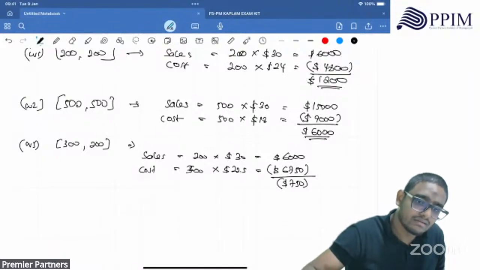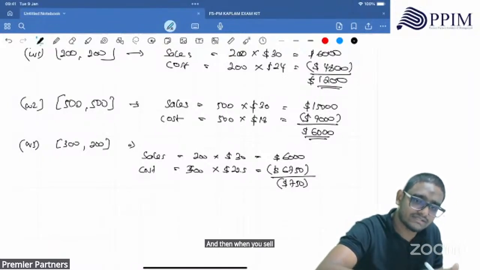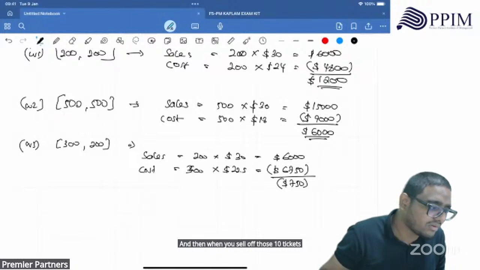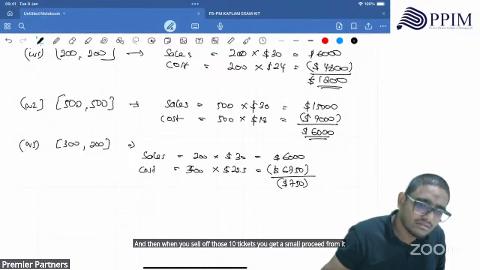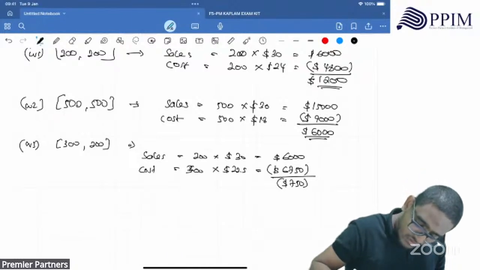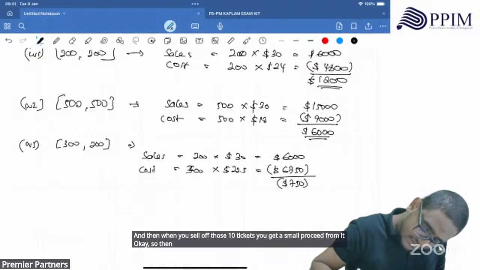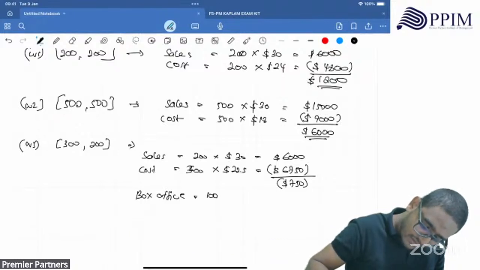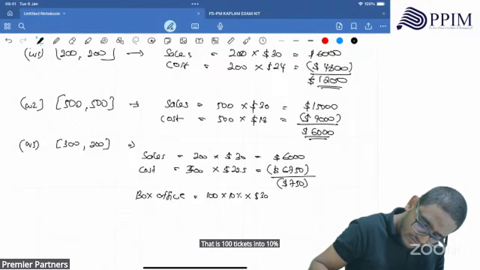And then when you sell off those 10 tickets, you get a small proceed from it. So then you get box office, that is 100 tickets into 10% into 30.